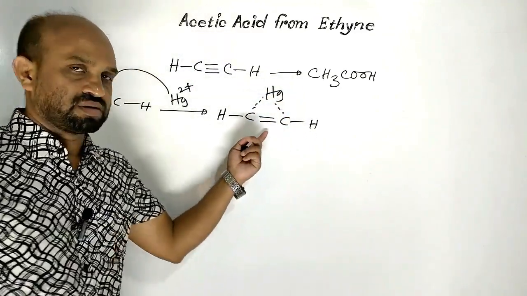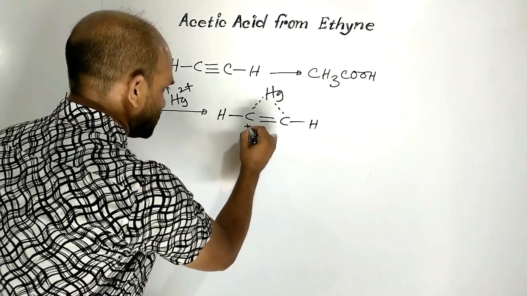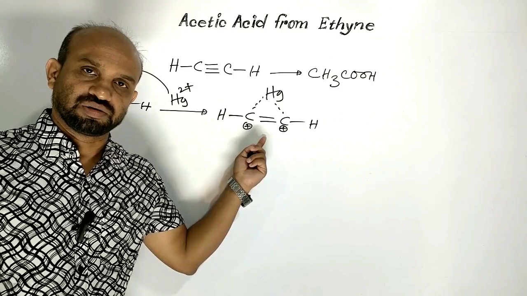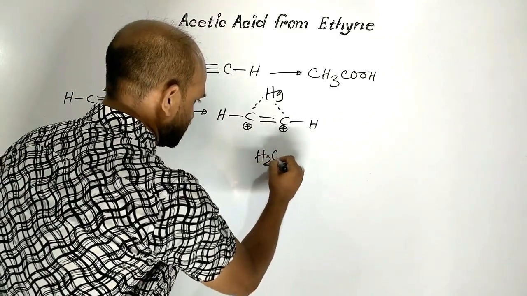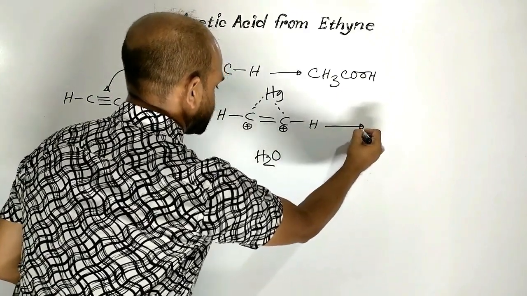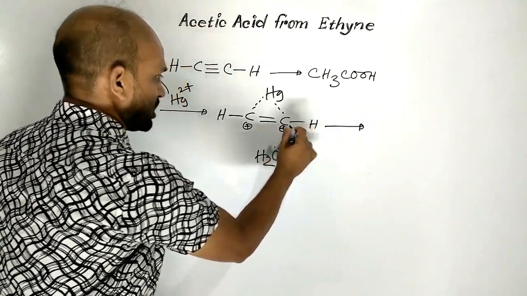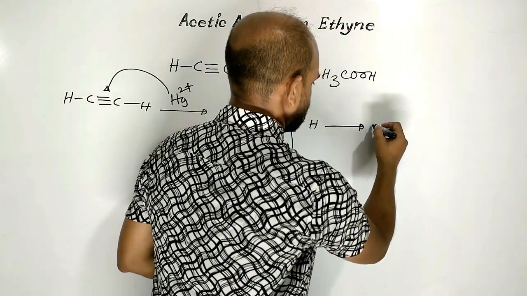As a result, carbon becomes partially positive in charge. At the time, water present in the mixture combines with one carbon atom to form this one, mercury.